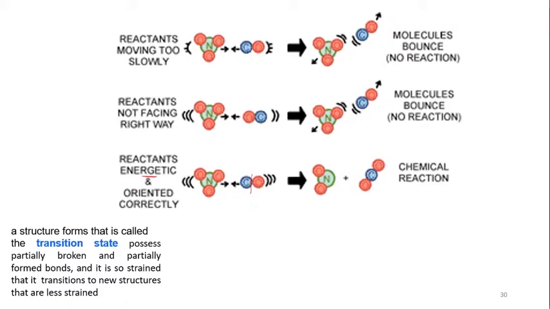In any chemical reaction, there is what we call a transition state. The transition state is a state where we have partially broken and partially formed bonds. It's a strained state. This is why the transition happens to a new, less strained structure.